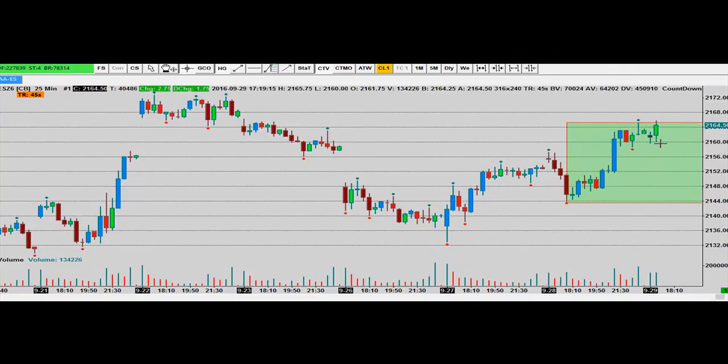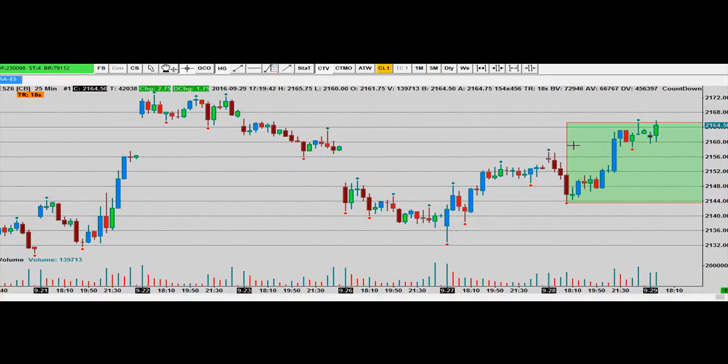Then after 3 bars, price tried to overcome this range. It violated the high of the range by 1 or 2 ticks, but it could not continue to the upside, and now is trading again inside the range.